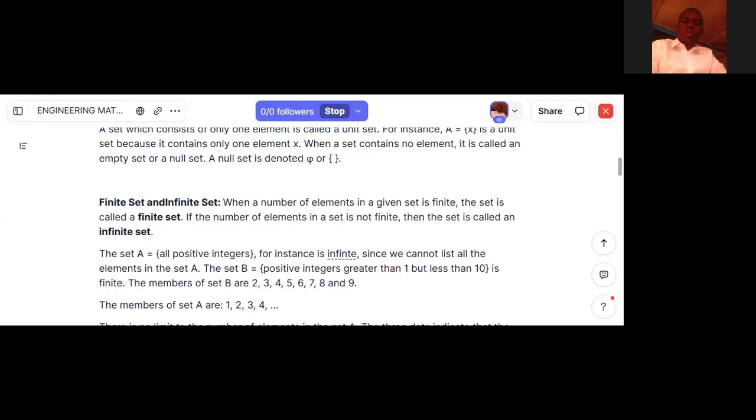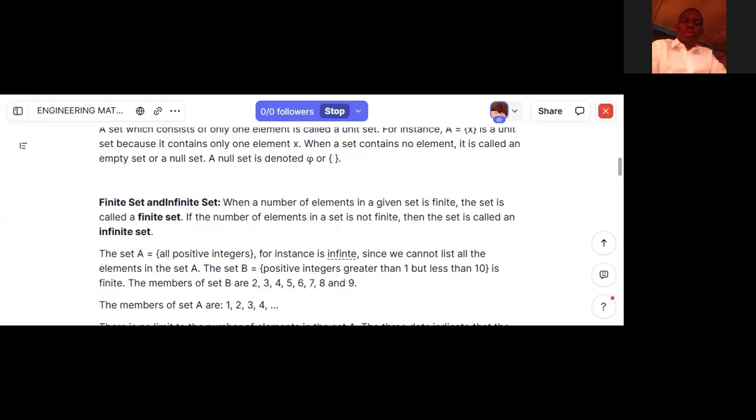Now, the set B contains positive integers greater than 1 but less than 10. All right, this is another example of a finite set, because these members can be easily listed.